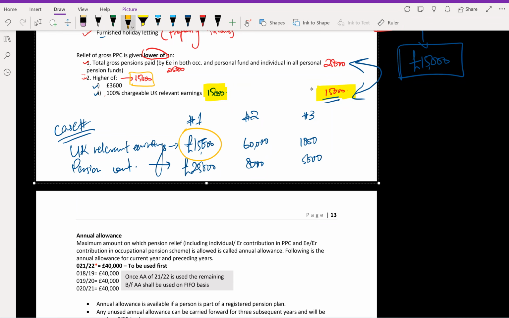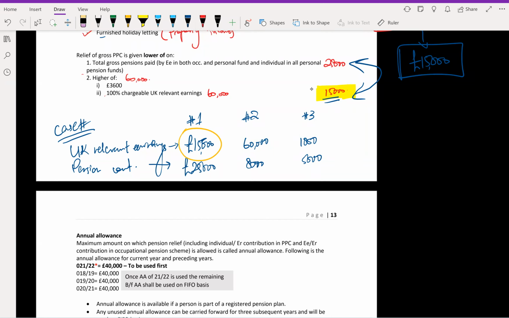Okay. Case number three. Sorry, case number two. You've got UK relevant earnings of 60,000. So obviously, if you compare 60,000 and 3,600, 60,000 is higher off. And then you compare this with the pension contributions you have made.